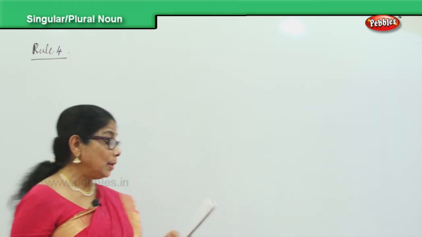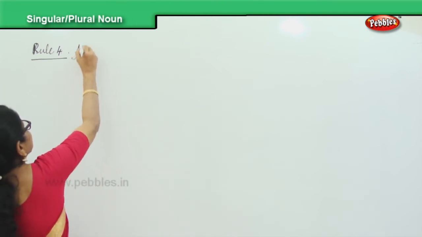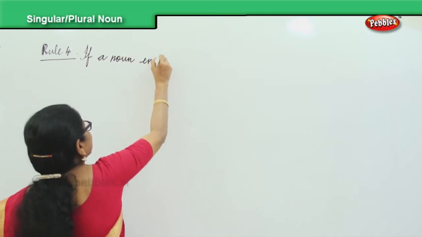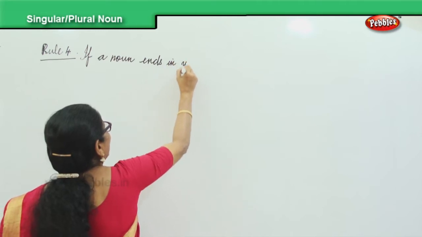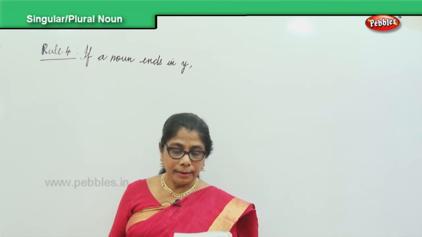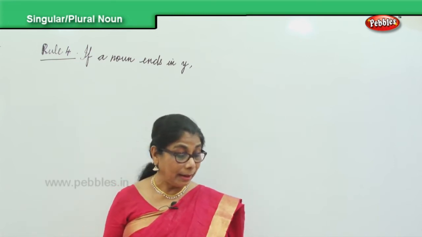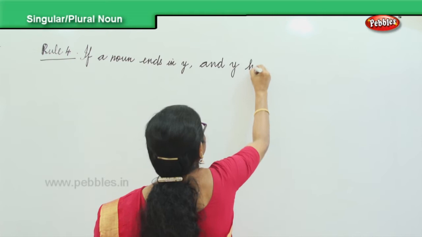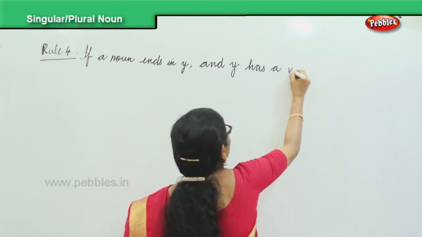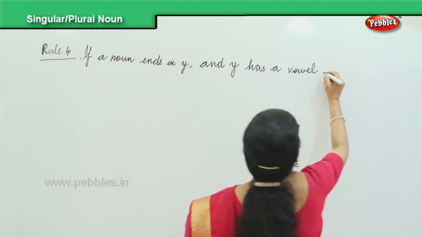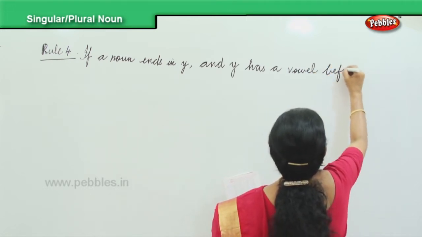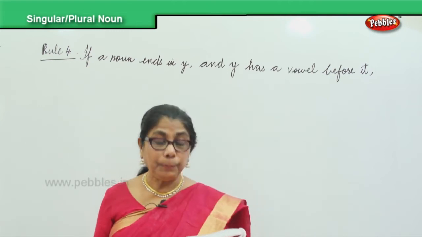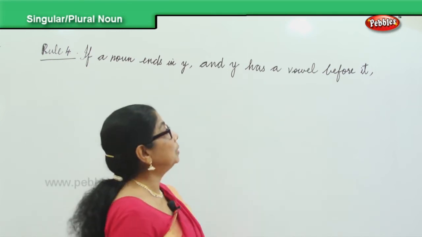If a noun ends in Y, and Y has a vowel before it, then what happens is the plural is formed by adding S to the singular.